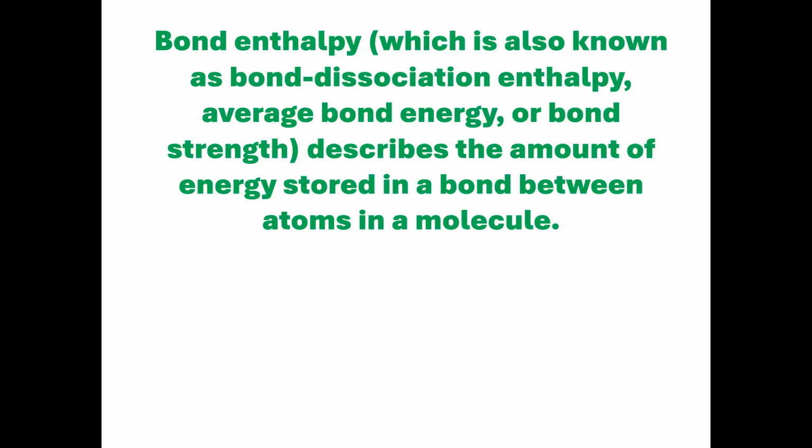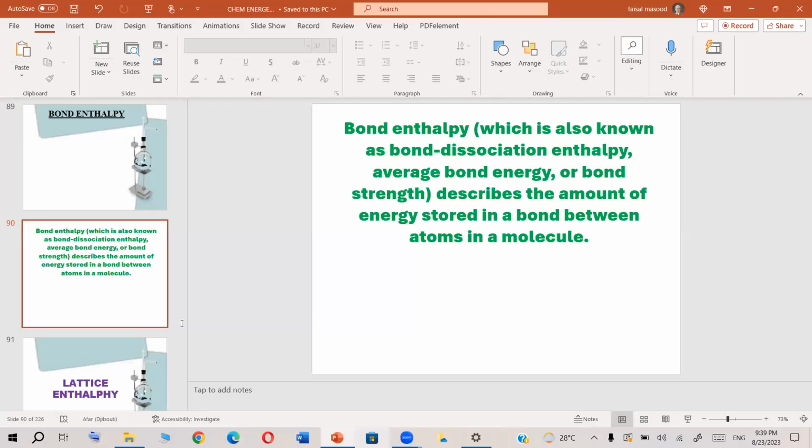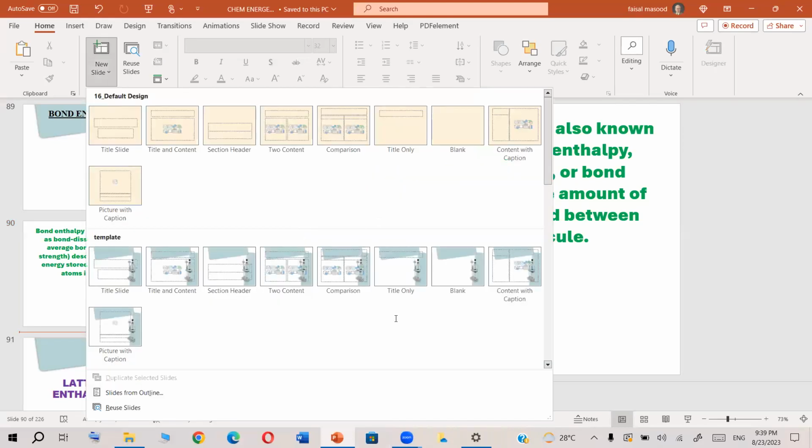So what we used to do, we used to calculate the bond energy from the data booklet and we subtract the difference between enthalpy change of reactants and enthalpy change of products. I want to make a quick recall for that, and this was a topic involving bond energy calculation.